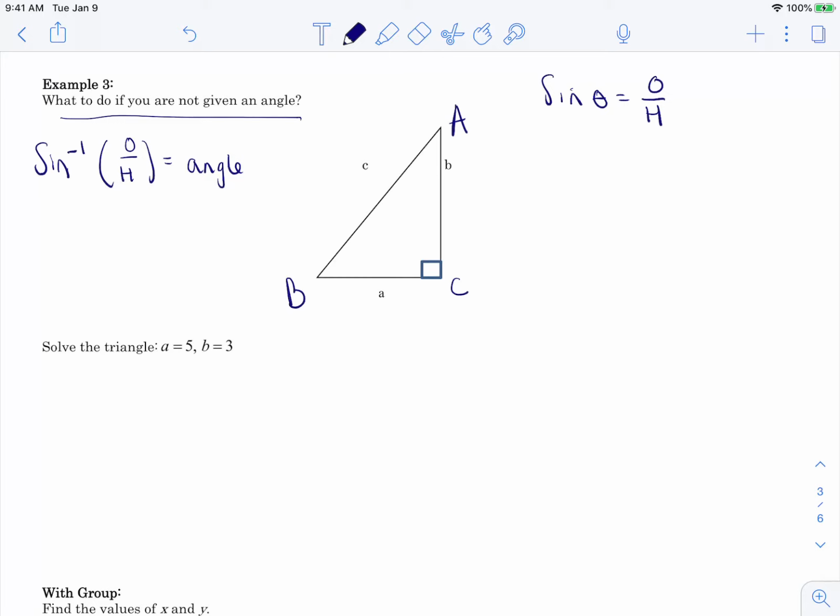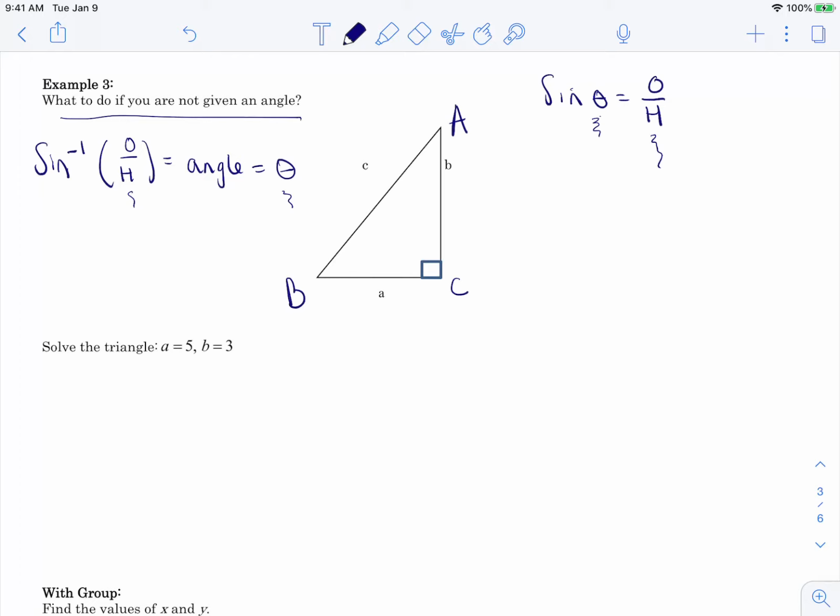If I'm doing the inverse, notice how my input became my output and my output became my input. So these are just brand new functions to find missing angles.